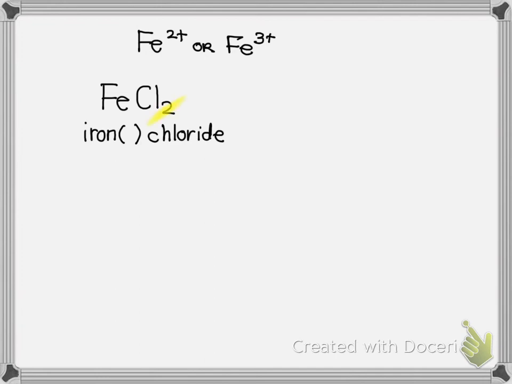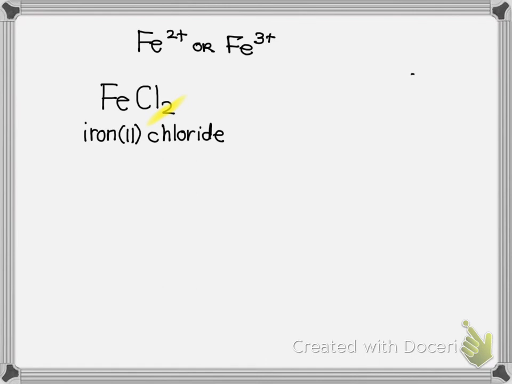You look at how many of the non-metals, the anions, it took to balance it. So it takes 2 chlorine to balance that iron. So that iron must be iron 2.